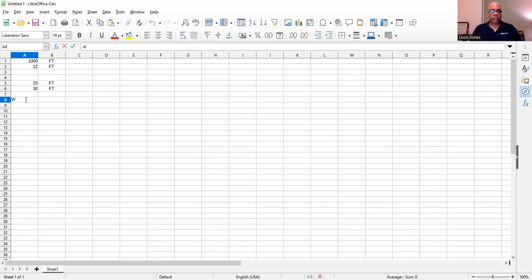The question is, what is the total area of the road and driveway? Now I'm looking for total area. There's a couple ways I can go through this problem.